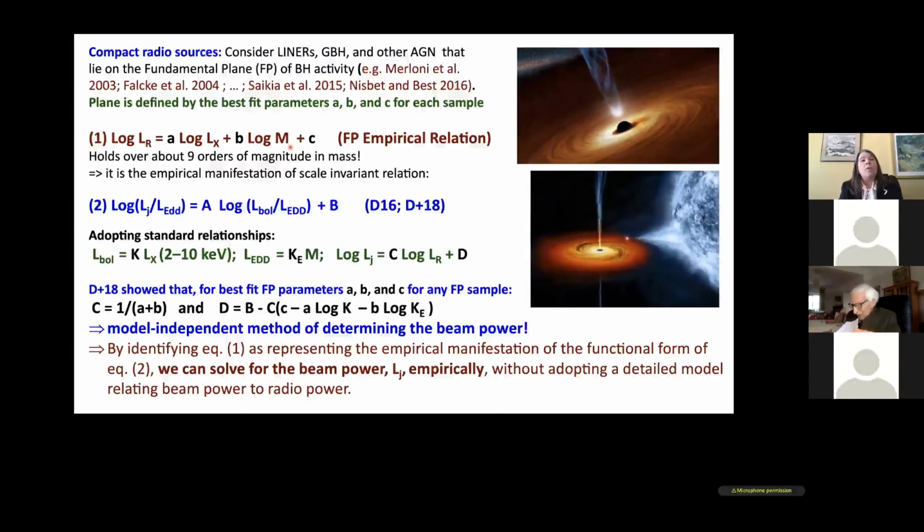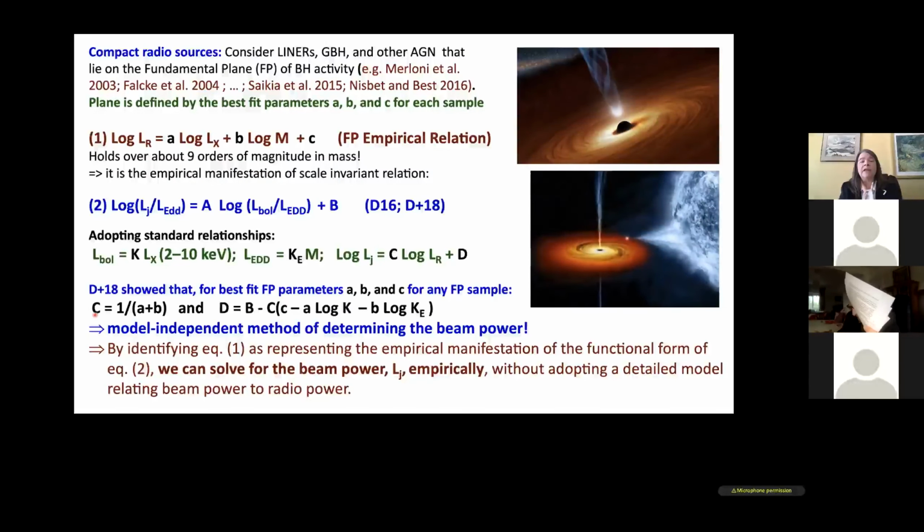So what I did with a couple of undergraduate students in 2018 was to ask, well, if we map equation 1 into equation 2, what do we get for the beam power? So taking these 3 relationships down here and substituting in, eliminating the radio luminosity using this equation, eliminating the black hole mass using this equation, eliminating the X-ray luminosity using this equation, and rearranging and asking when can equation 1 be written in the form of equation 2?